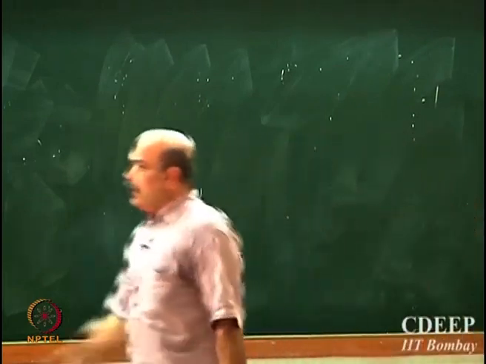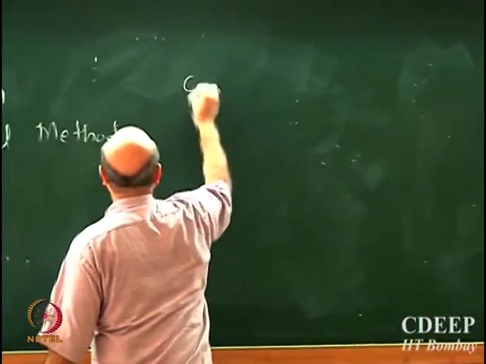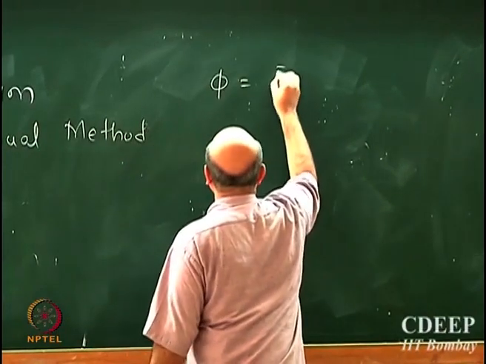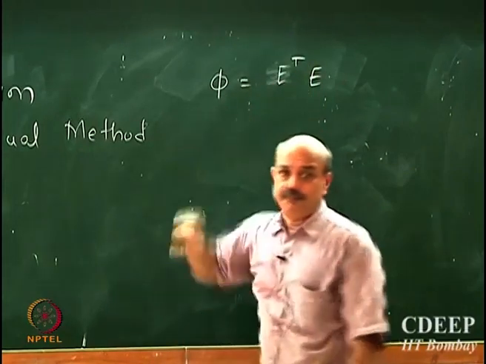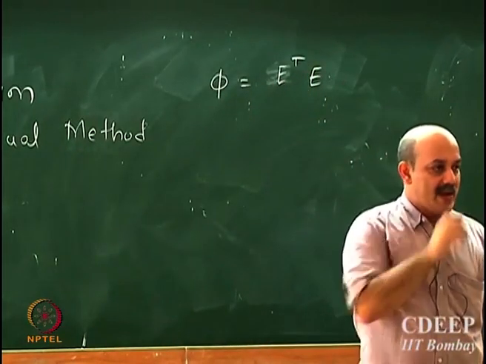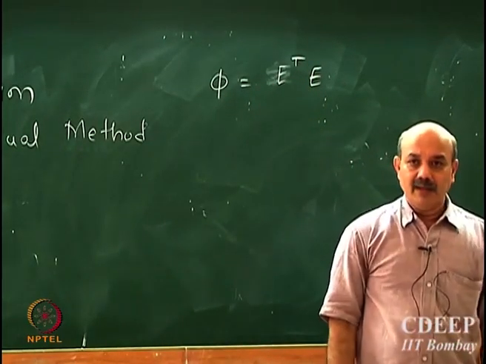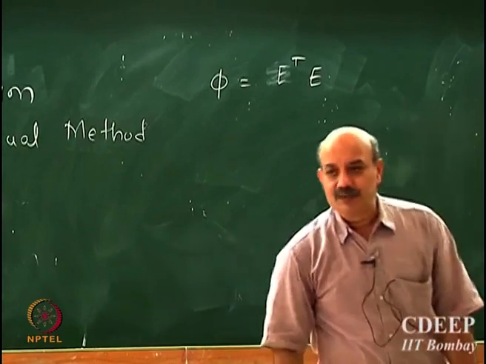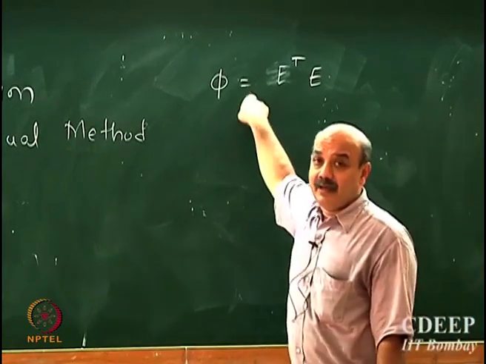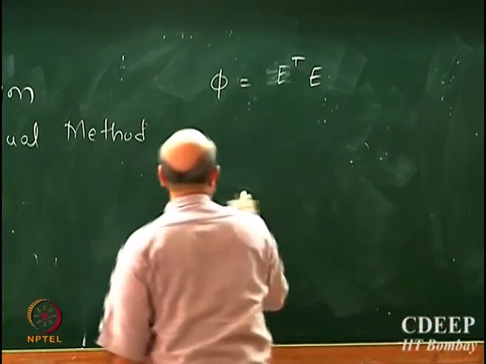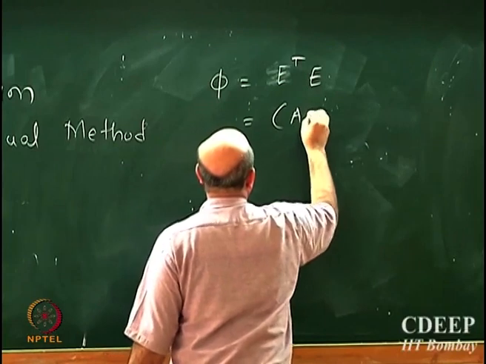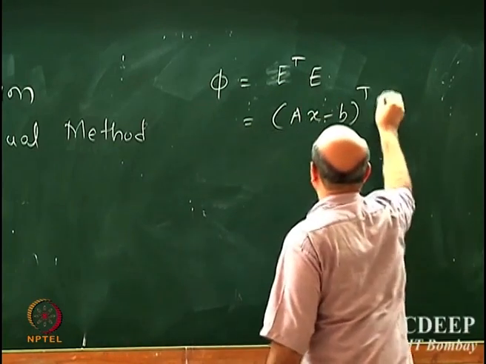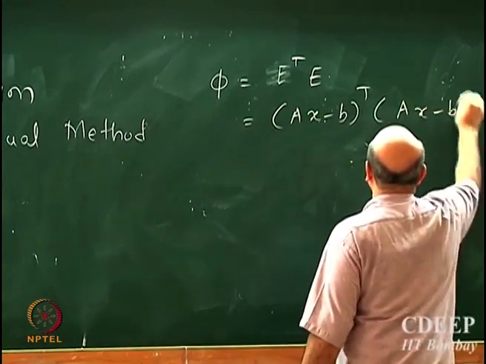Now let me formulate an objective function phi which is E transpose E. What is E transpose E? It is (Ax minus b) transpose (Ax minus b).